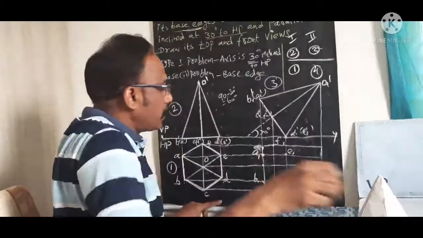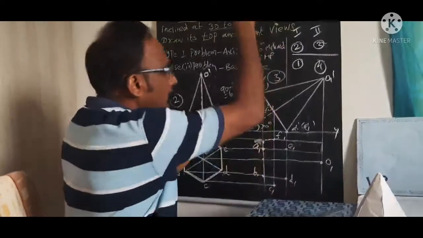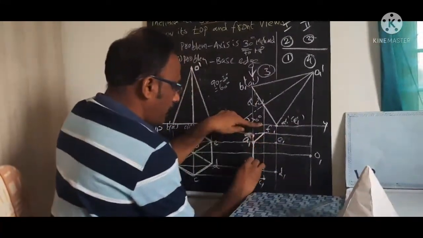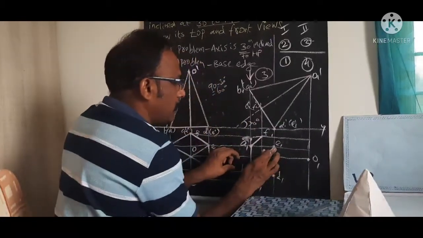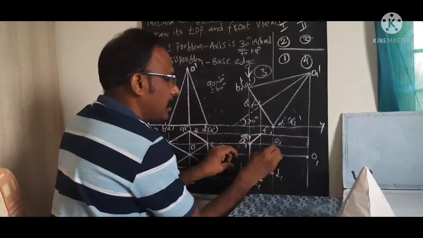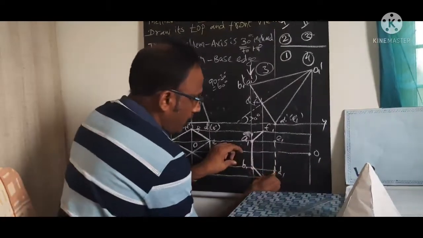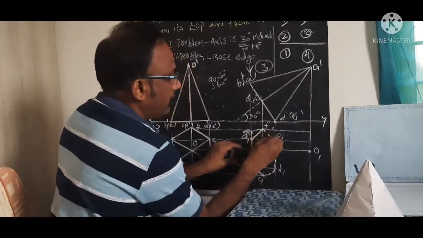So all these points I need to join. While viewing from this top view, the outer end is visible. I will draw it as a thick line, and connecting this edge, because the E dash D dash edge is resting, I need to draw it as a dotted line, and also D1 C1 is a dotted line, right?